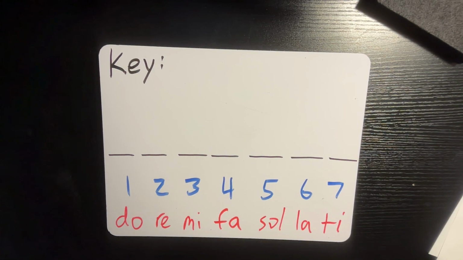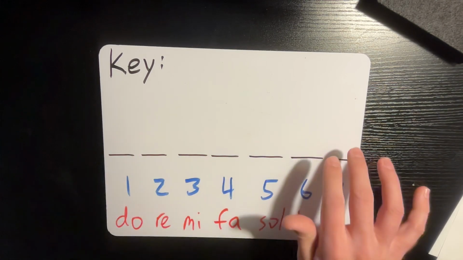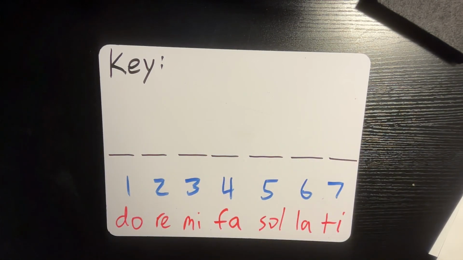So you'll be able to see the 3 components that go into thinking about scales: thinking about scales as a group of notes, as a pattern of numbers, and as a pattern of syllables, the solfege. So we're going to start with the key of C.